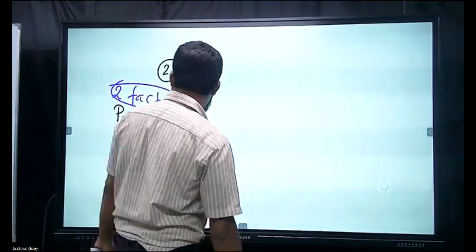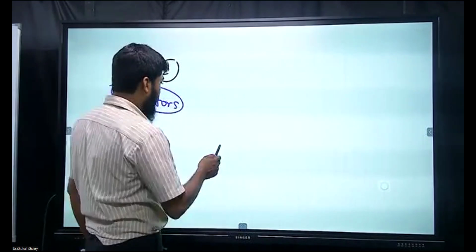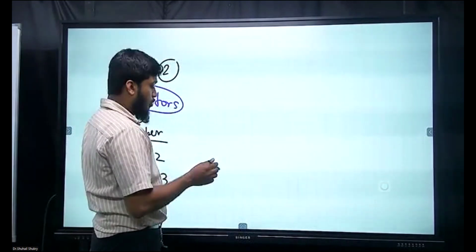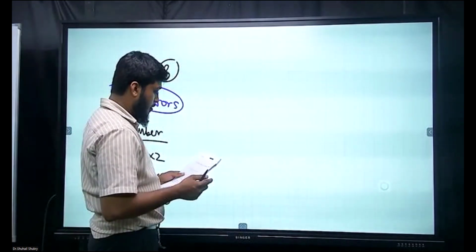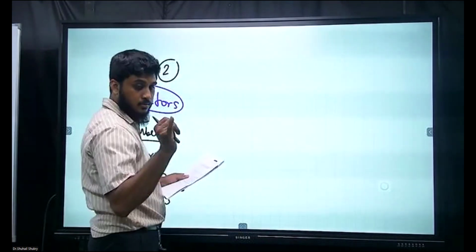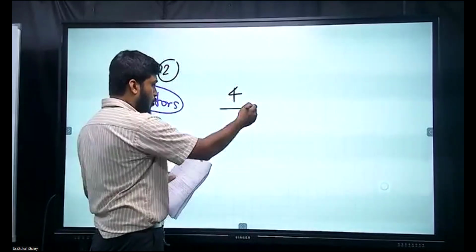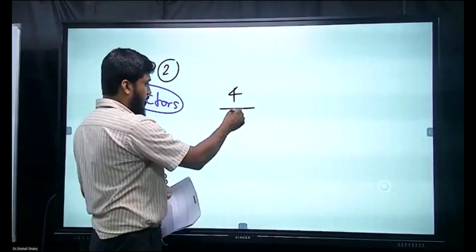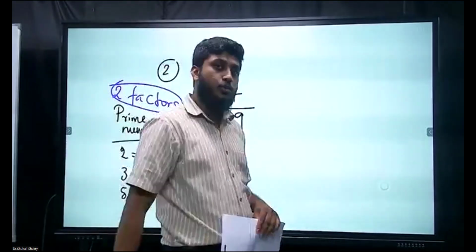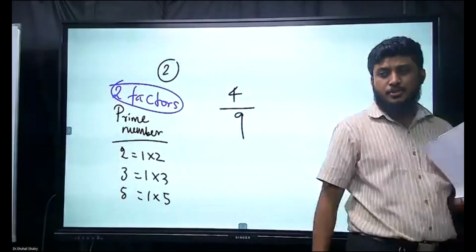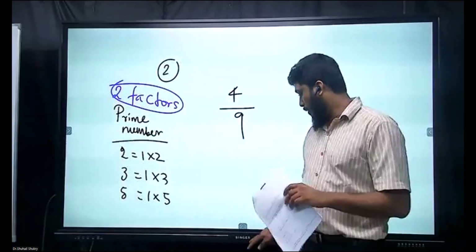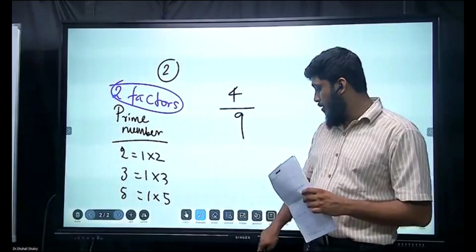From 1 to 9, what are the prime numbers we have? 2, 3, 5, 7. It's 4 prime numbers. So what is the probability of obtaining a prime number? 4 over 9. There are 9 things. The probability means 4 over 9. What's the chance of getting the prime number? Right. This is the answer for the second one.